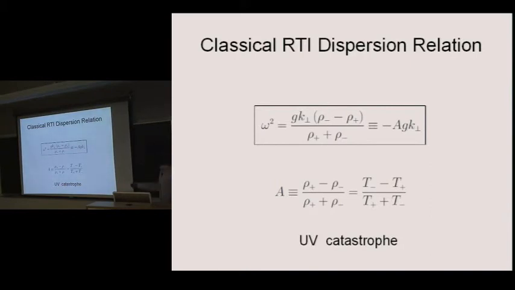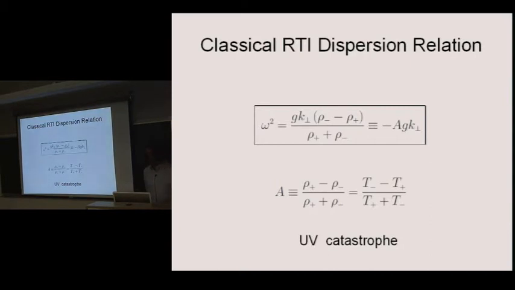Another important thing about this dispersion relation is that we have this UV catastrophe. As you go to smaller and smaller wavelengths, your wave number gets larger, and it looks like the growth rate could increase without bound.